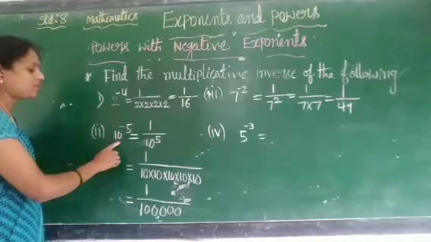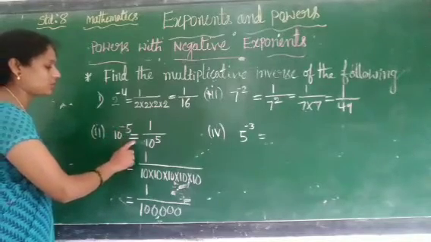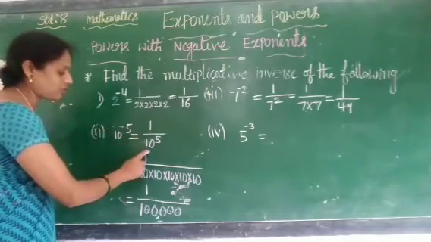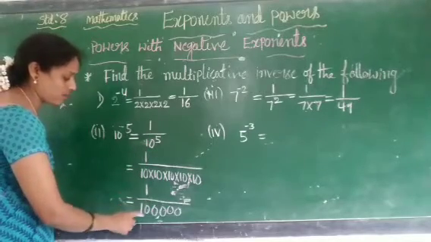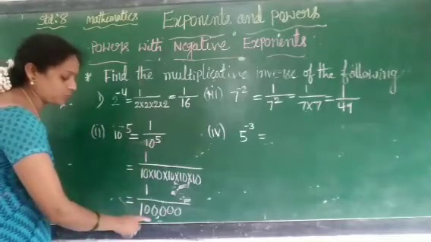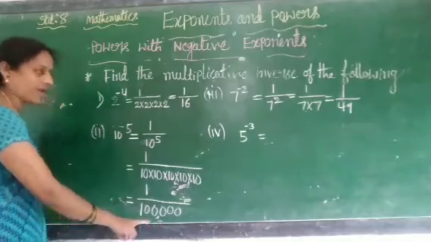So 10 to the power minus 5 is equal to 1 by 10 to the power 5, which means 1 by 1 lakh.